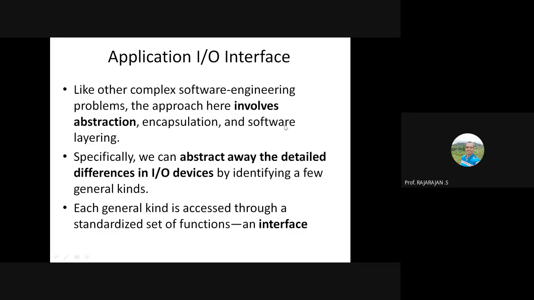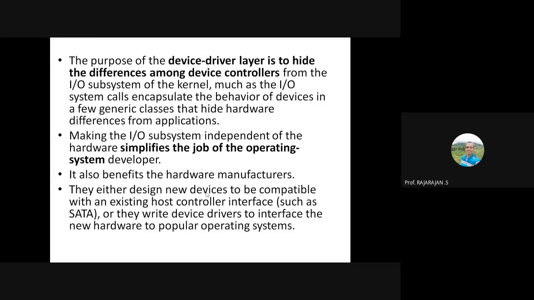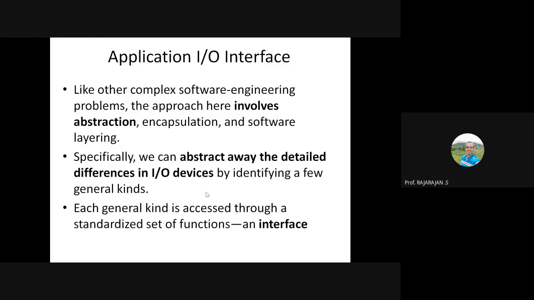The next aspect is the application I/O interface. So how applications interface with the I/O devices, how they connect to the I/O devices. The basic idea is abstraction. Abstraction is like reducing the complexity. As I told you, there are differences in I/O devices. The differences are going to be listed in the subsequent slide.